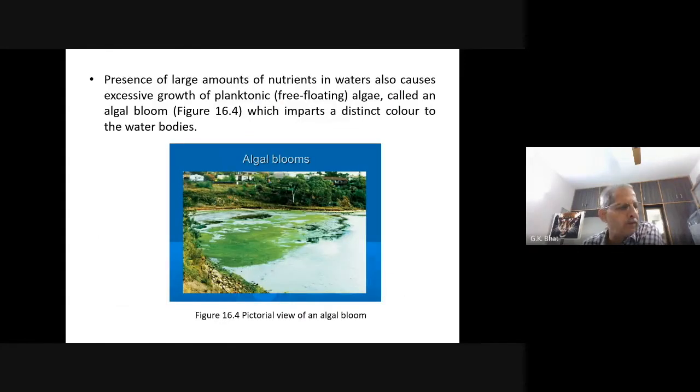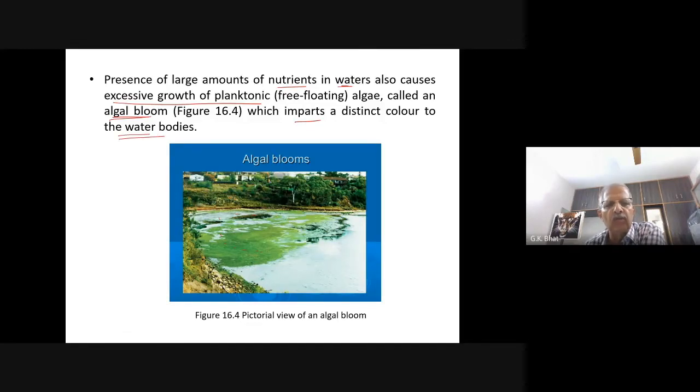So presence of large amounts of nutrients in water also causes excessive growth of plankton. See, you can see all green here. It is very common during summer season, because it is due to the excessive growth of free floating planktonic algae called algal bloom, which imparts a distinct color to water bodies.